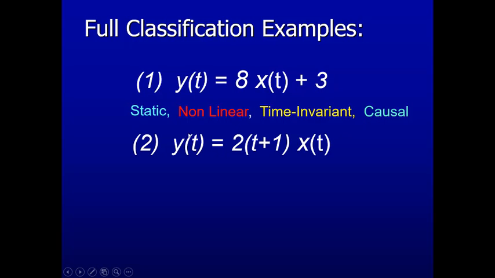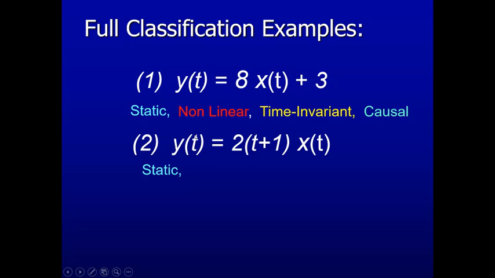Here's one: y of t equals 2t plus 1 times x of t. Now you might think this t plus 1 out in front, that's like a different time, might mess up this being a static system. But in fact, it is static.